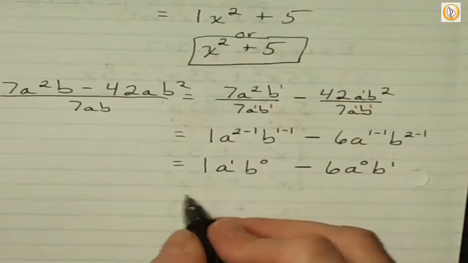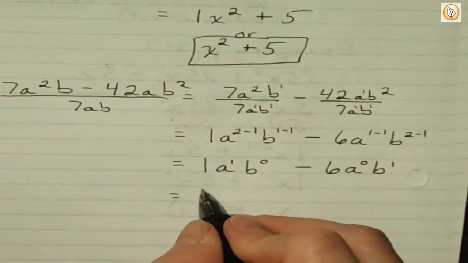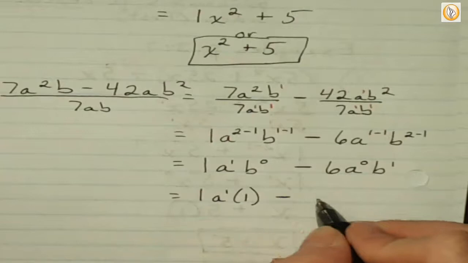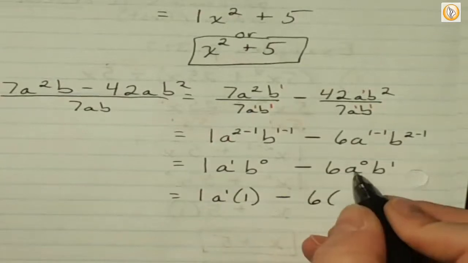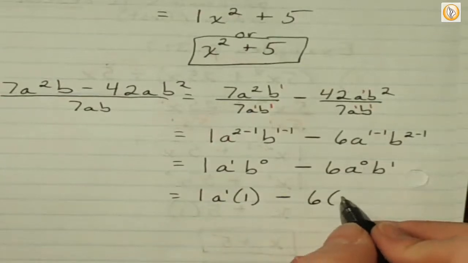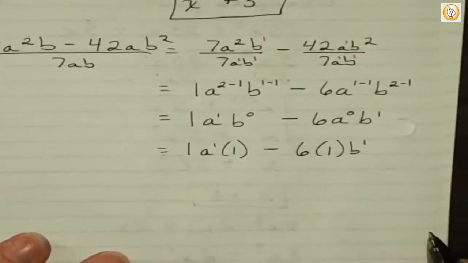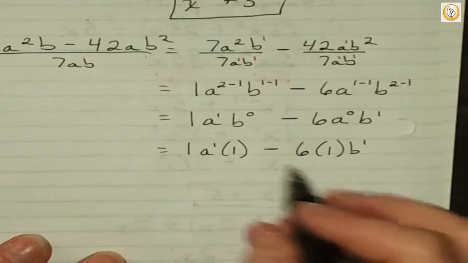b to the power of 0 is 1. So we're multiplying it by 1, minus 6 times a to the power of 0 is 1, times 1 times b. Okay, this is the obvious.